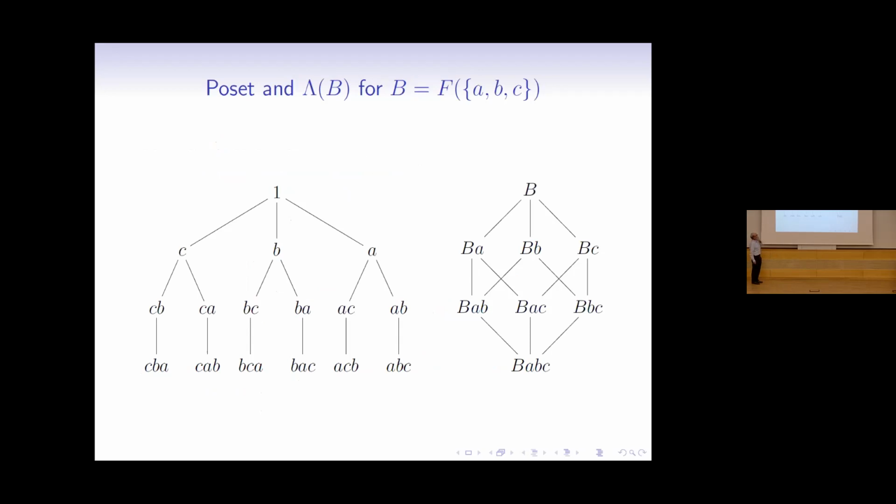So here's the difference between left and right. Just compare in the free left regular band on three generators. Here's the right principal ideal order, and there's the left principal ideal order.